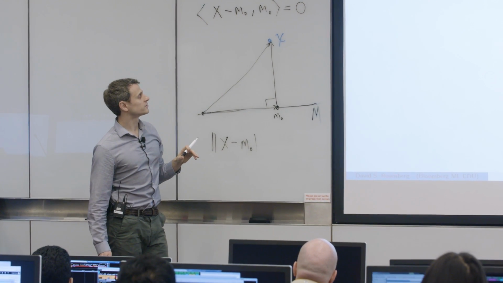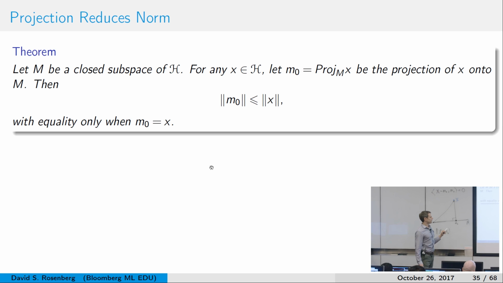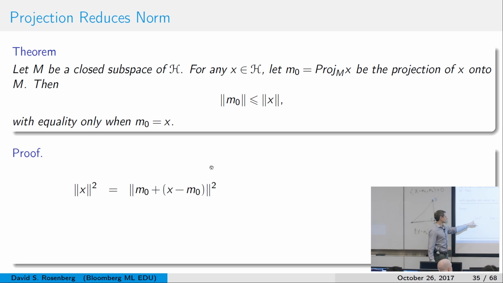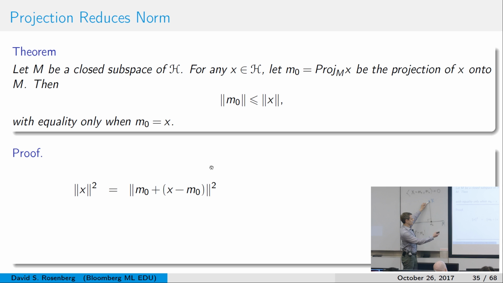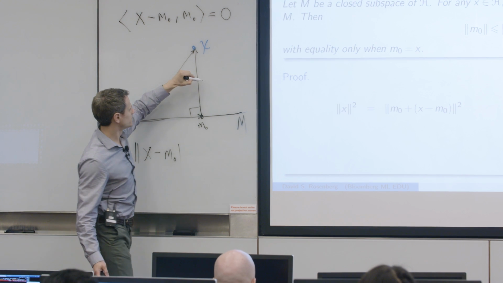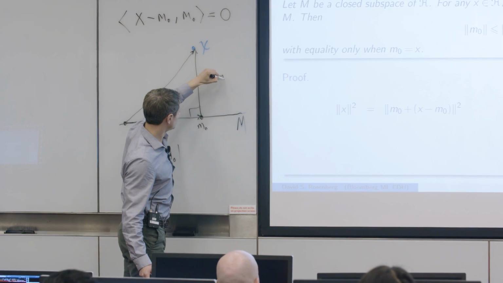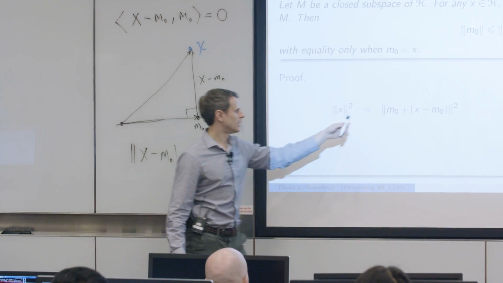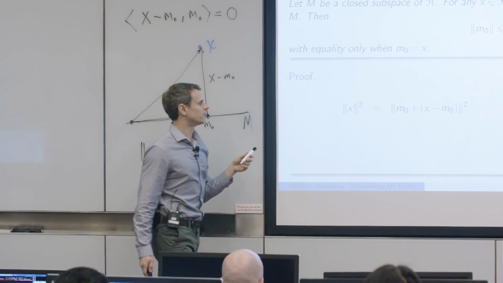All right? This is very straightforward to demonstrate. Start with X. Let's expand it into the sum of two components, M0 plus X minus M0. So M0 and minus M0 cancel each other out, nothing going on there.